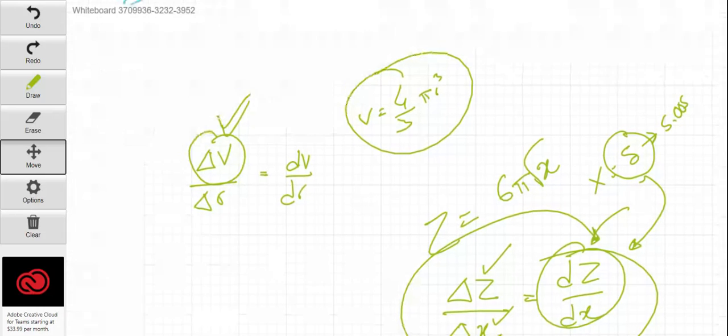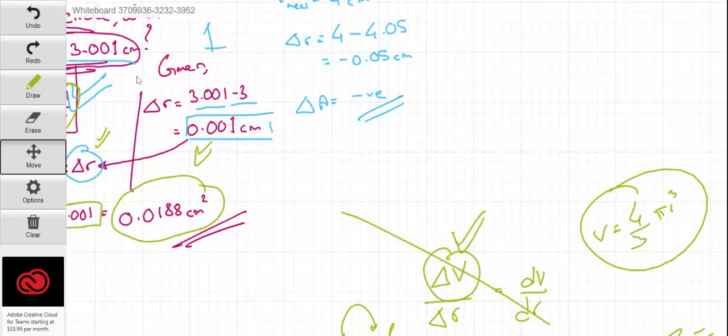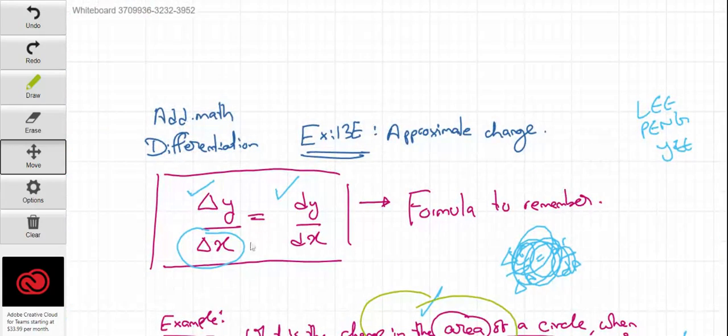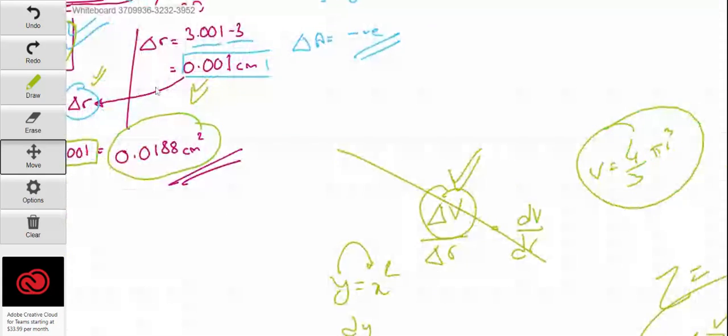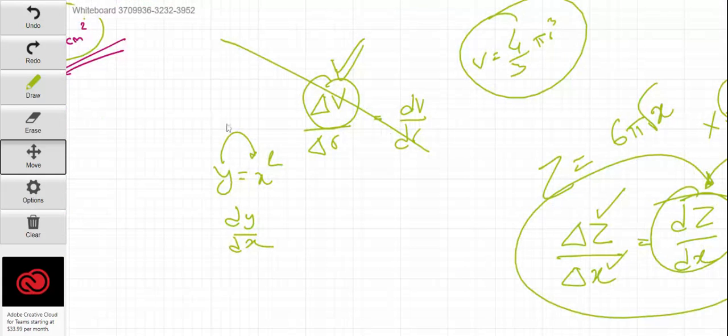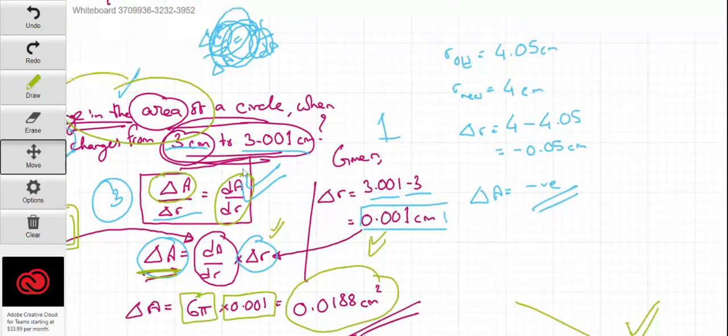Just like if y equals x squared, since it's y in terms of x, we do dy by dx, okay? So whatever is on the outside goes on top. Keep these in mind and use this particular formula. This is the general formula, and these ones, dA by dr, dV by dr, dz by dx, are the modified formulas depending on the question, okay?